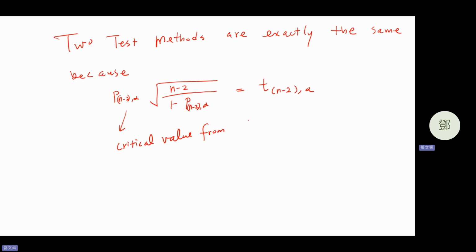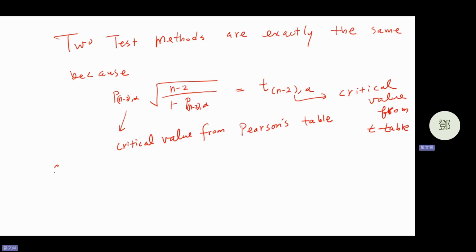This is the critical value from Pearson table. And this is the critical value from T table.